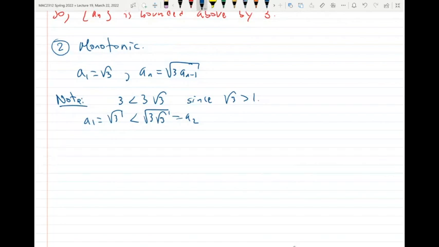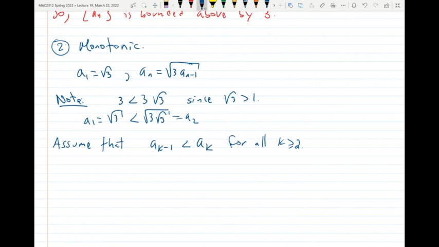So assume that ak minus 1 is less than ak, for k greater than or equal to 2. Because when k is 2, then this is a1, and that's our base case. We know a1 is less than a2. Assume that ak minus 1 is less than ak, and what I want to show is that then ak will be less than ak plus 1.